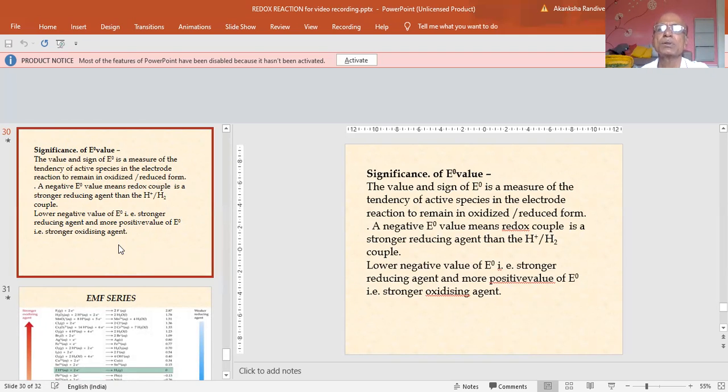Now, the significance of the E standard value is that the value and the sign of E standard is a measure of the tendency of the active species in the electrode reaction to remain in oxidized or reduced form. A negative E standard value means the redox couple is a stronger reducing agent than the hydrogen couple. The more negative the value of E0, the stronger the reducing agent, and the more positive the value of E standard, the stronger the oxidizing agent.